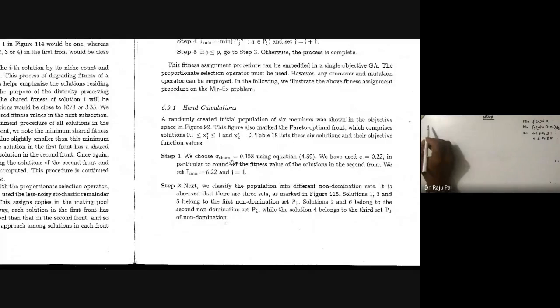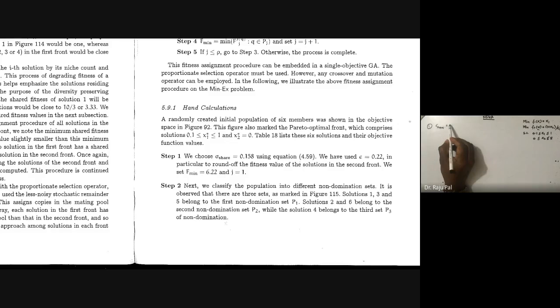The first step of this algorithm is to initialize some variables which are required. This is step one, you can see in the PDF. We need to choose the sigma share value. Sigma share is application dependent and should be selected by the user.